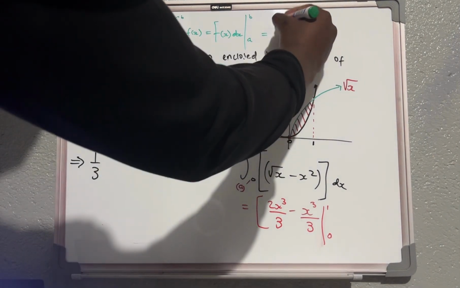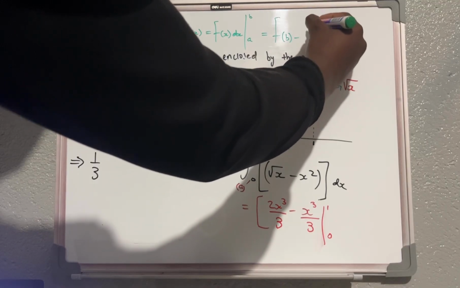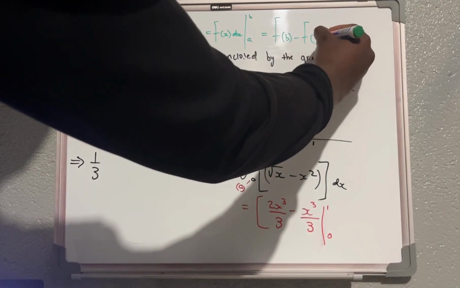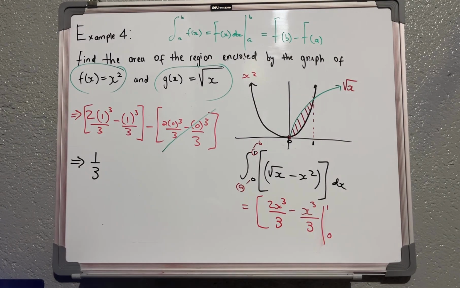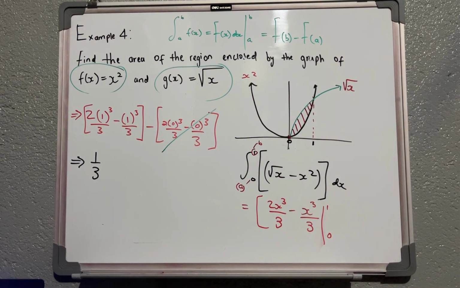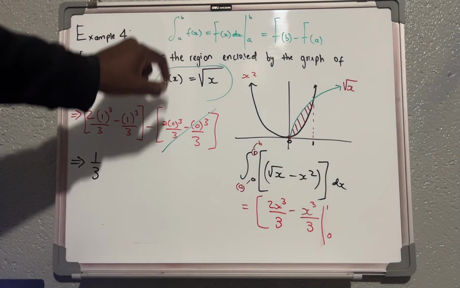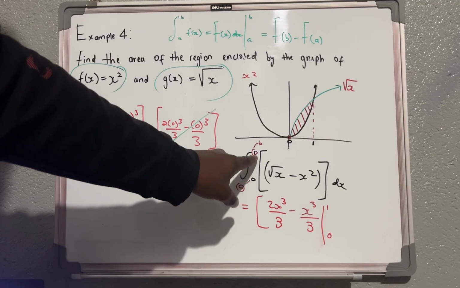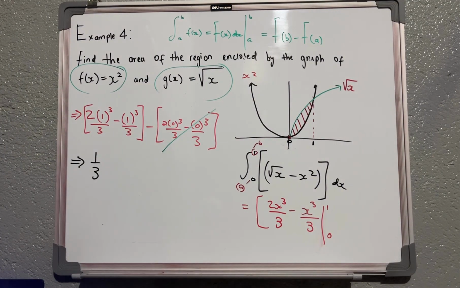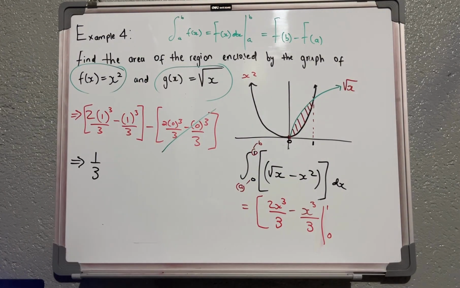It means we can find the difference between the function of b and the function of a. This is basically what we were doing on this side. We have b, which is the bigger number, and a, which is the smaller number. Hence that's why you see the 1 and the 0 here, and I said you get them from this graph.